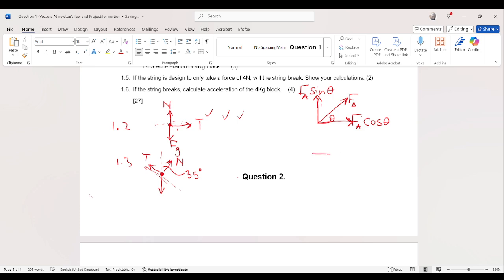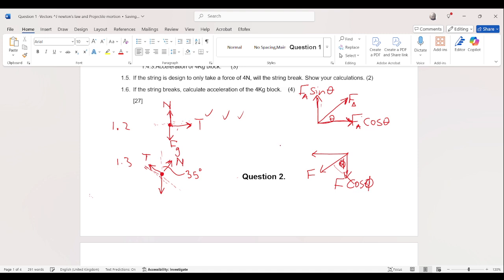So for instance, if you have a situation like this, and you have a force, the component that forms part of the angle will always be F cos of the angle.